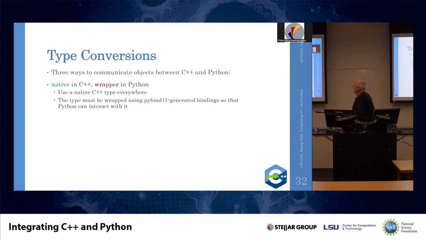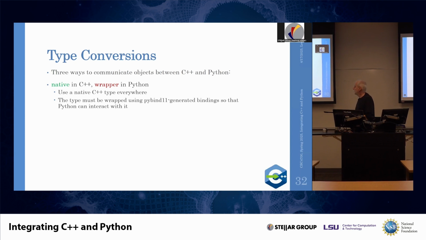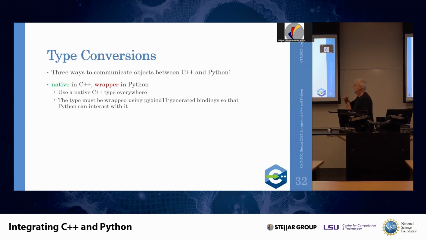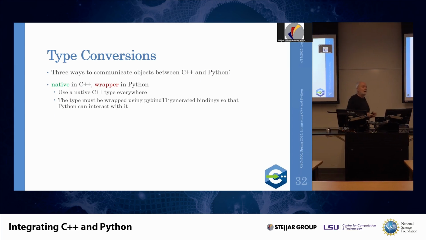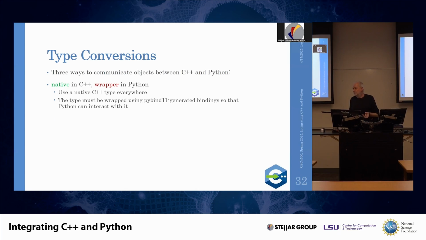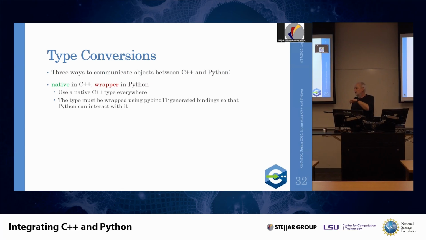That means that the type must be wrapped, and that's what I explained with a response type, and it will generate the necessary wrapper bindings that allow for the Python side to directly interact with a response type on the C++ side. Note that in this case, no data copying is happening. So whenever I have a response type on the C++ side and I refer to it from Python, the response type itself is never copied over to the Python side.